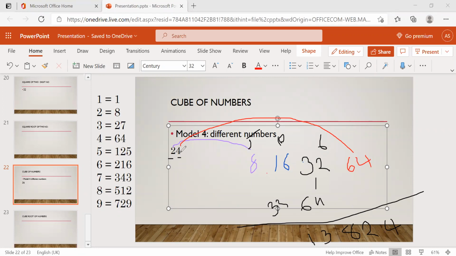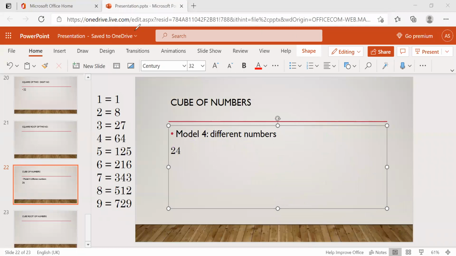First digit square, 4 square, 16 into 2, 32. And second digit square, 4 into first digit, 16. So you have to write the 4 numbers. After getting the 4 numbers, same step. This is model 4. We'll check one more problem here, then go for the next step.